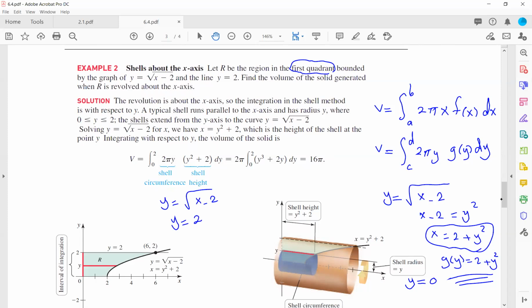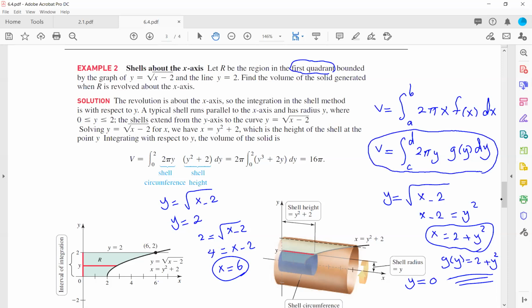So if you set these two equal to each other, you get 2 equals the square root of x minus 2. X minus 2 is equal to 4, or x is equal to 6. This is the range for your x. But note that since we're using the second formula, we need the boundary for y values. The lower bound is of course 0 because we are in the first quadrant, and the upper bound is nothing but 2.